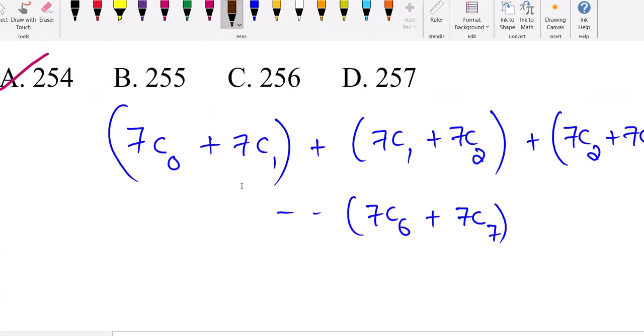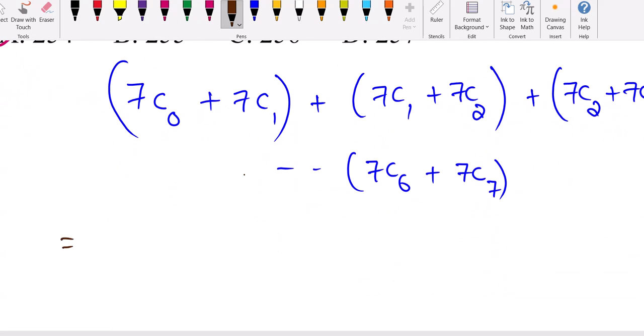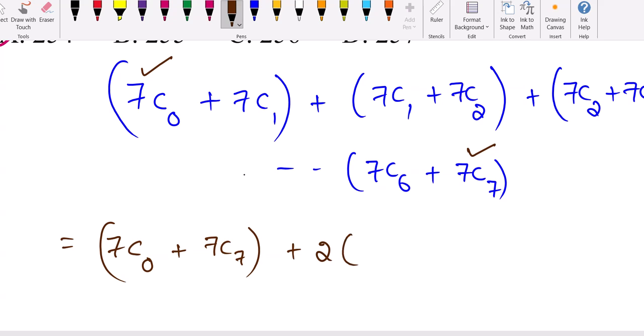So one way of doing this question is, see, 7C0 and 7C7 will come only one time, whereas all the remaining terms will come two times.